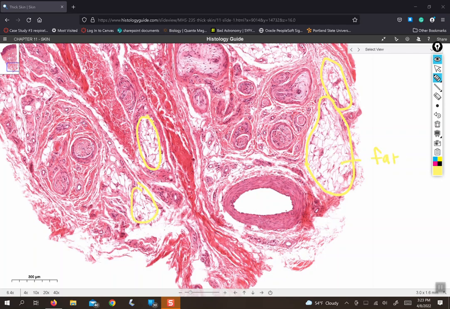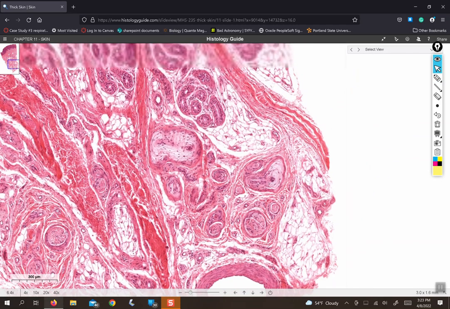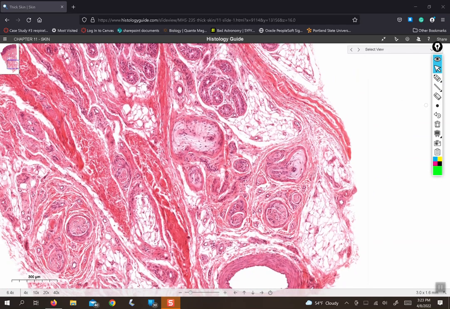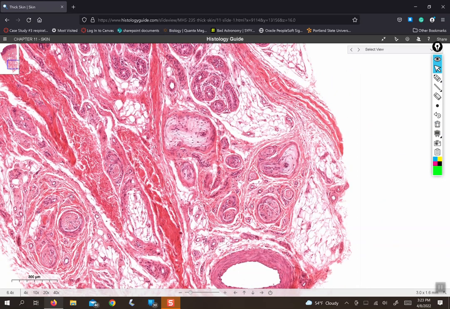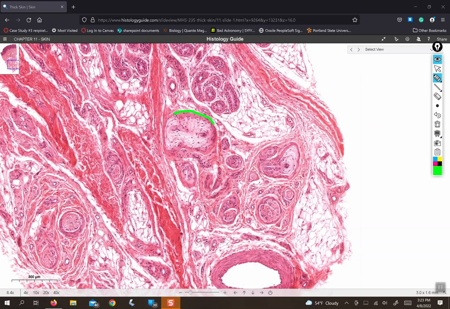Another thing you can see really well in this particular piece of thick skin are Pacinian corpuscles. So what you're going to look at is see these arrays of cells that look kind of like a cut onion, where there's multiple concentric layers of cells. These are Pacinian corpuscles.